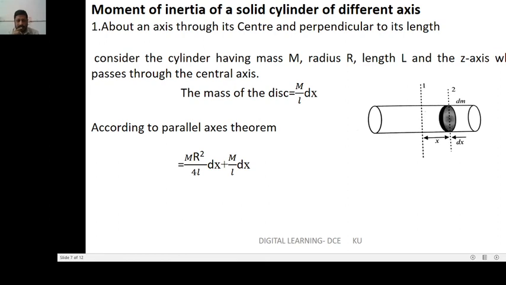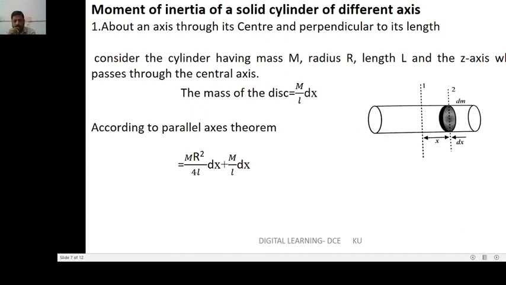Then the mass of the disk is m by L into dx, where m is mass of the cylinder, dx is the thickness of a cross section.